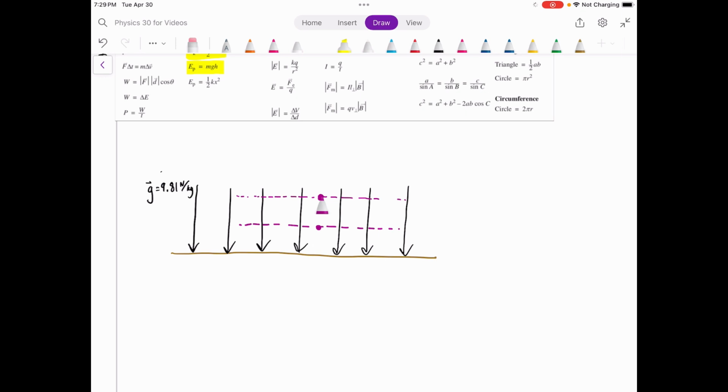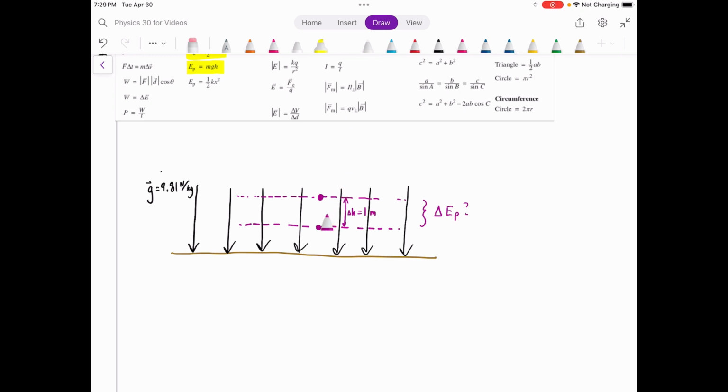Between these two heights, can we come up with a way to talk about the amount of change in potential energy an object would experience going from here to here? What would be the associated change in gravitational potential energy? Just for the sake of putting in some numbers, let's say the difference in height between these two positions is 1 meter.